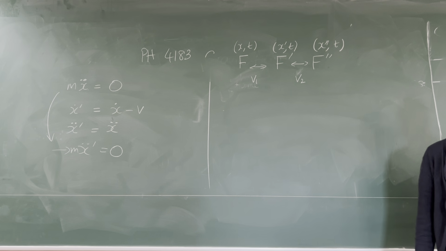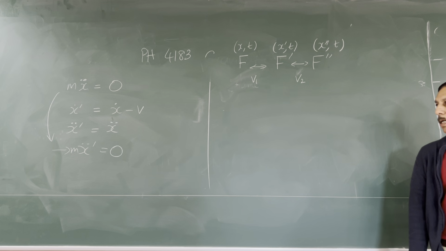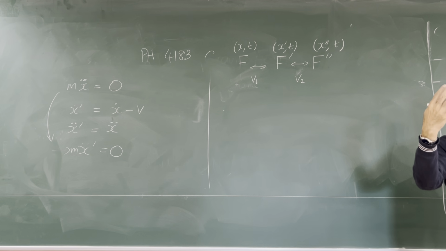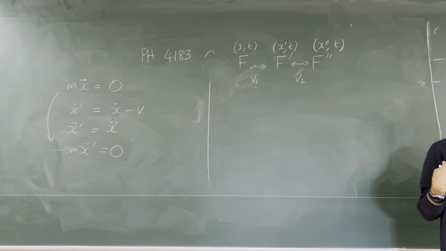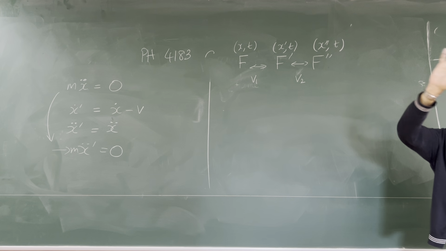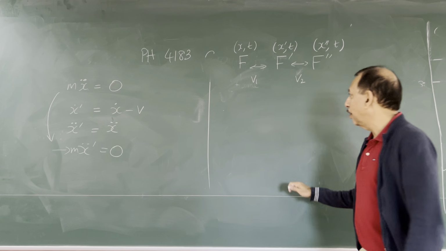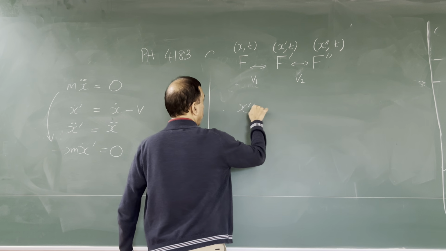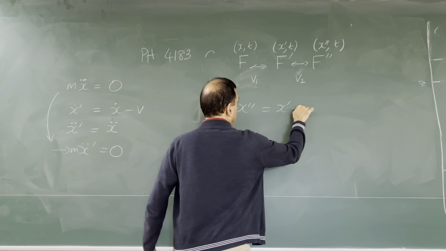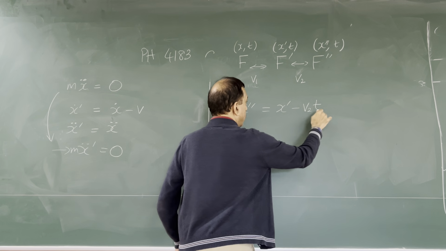Supposing I'm roller skating on the ship, I want to know what my position is relative to the observer on land. I just ignore the ship part completely. It's just me. So of course what I'll say is that x double prime is x prime minus v2 t.